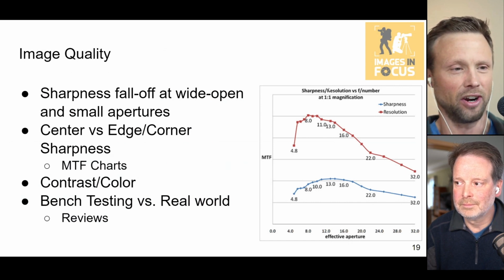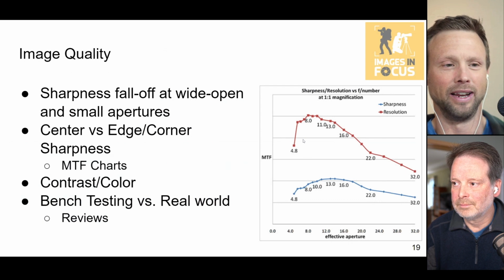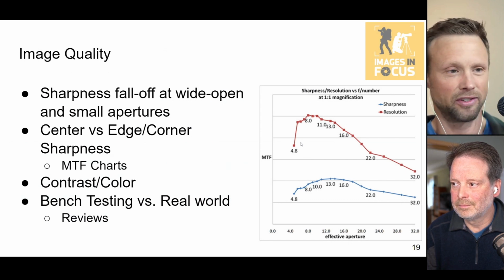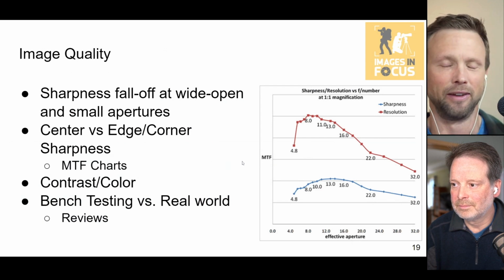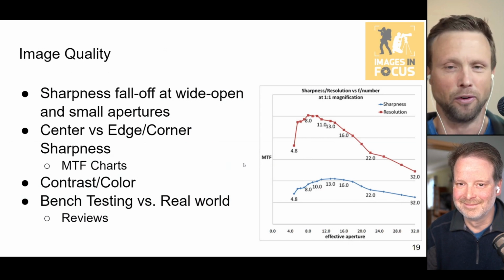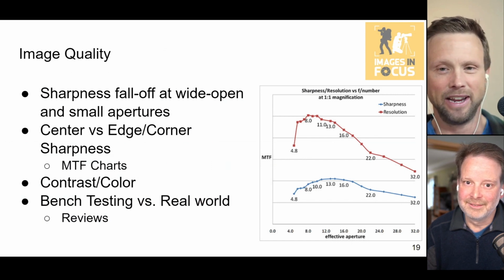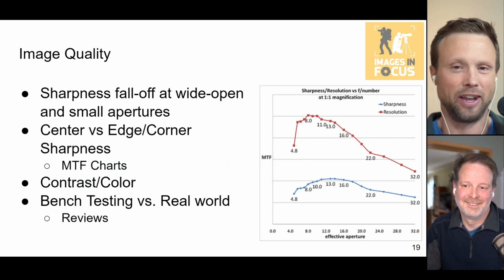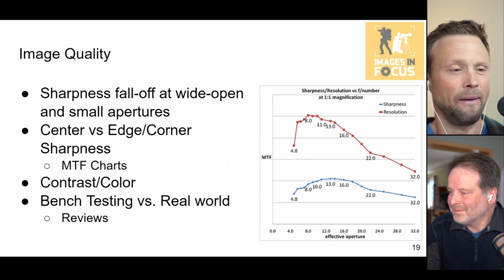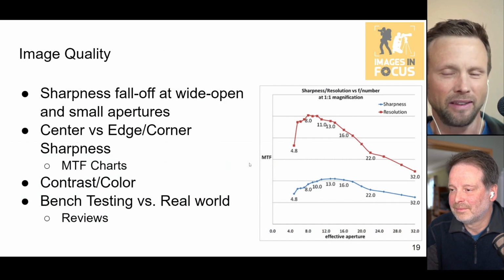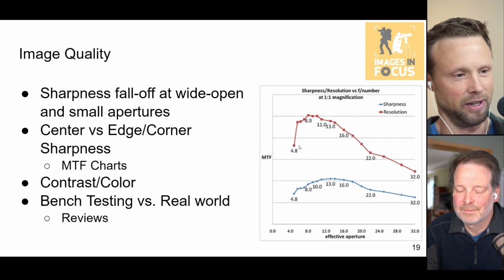If we look at this chart, the red line is resolution, the blue line is sharpness. And on the left side, this is the MTF, the modulation transfer function. We're not going to go into details on what that means, but if it interests you, you can do a lot more research on it. Basically, it's just a measure of sharpness or acuity.